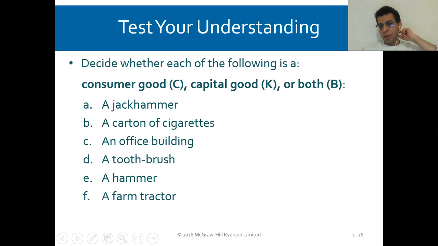Now, decide whether each of the following is a consumer good, a capital good, or both. As we said, the jackhammer could be a capital good because you use jackhammers outside, you don't use it for your home. A carton of cigarettes will definitely be a consumer good because you buy it and you smoke it. Why do we try to differentiate between these?